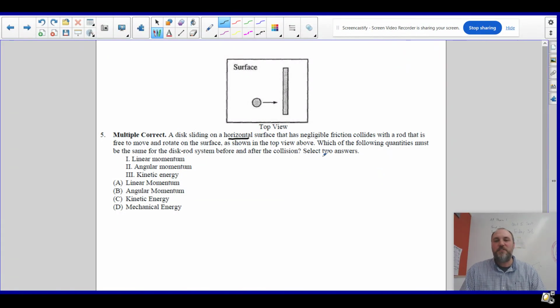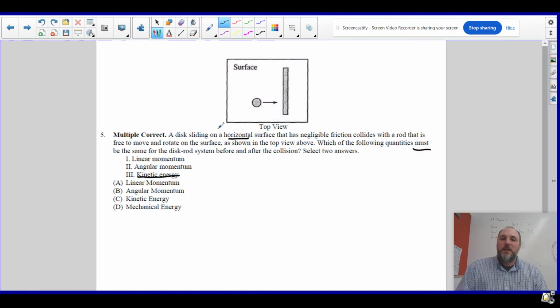So since they leave it kind of vague like that, they don't say elastic, but they use the word here, must. Which of the following must be conserved? I'm going to eliminate kinetic energy here, because if they're not saying elastic, then there's a chance that kinetic energy would not be conserved. I mean, most likely, this is not an elastic collision. We know how rare and really uncommon those are.